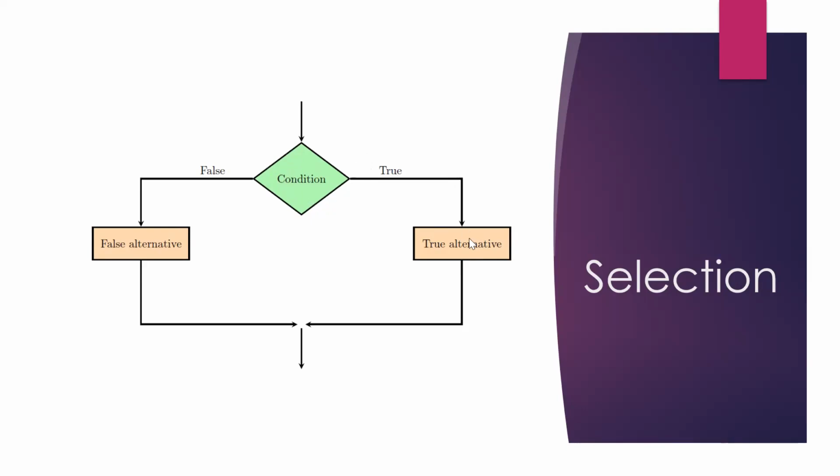If it is true, you are going to execute this statement. If it is false or no, then you are going to execute this statement. So this is called selection. Okay. So let's write down selection. And then you can draw this. When you finish it, please let me know in the chat.